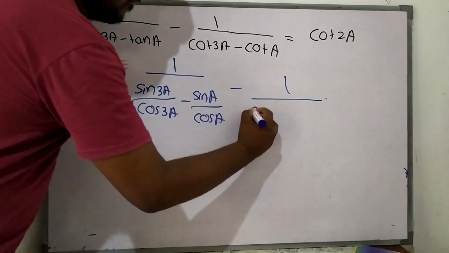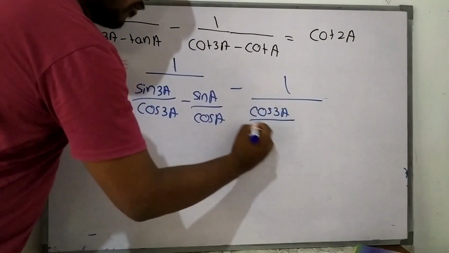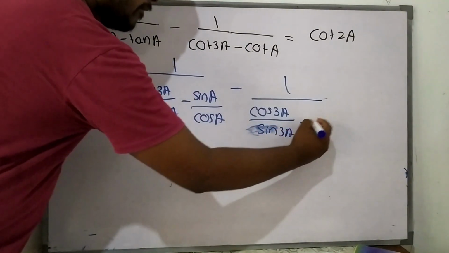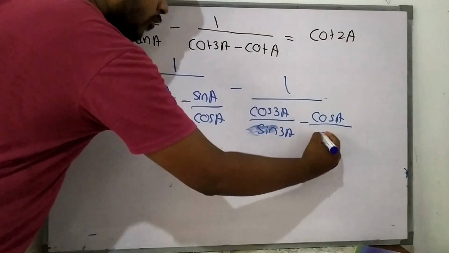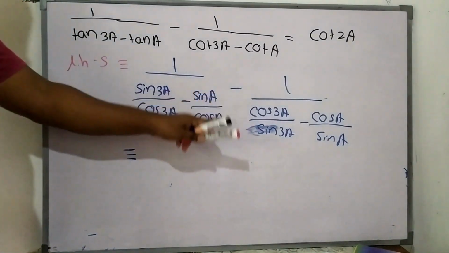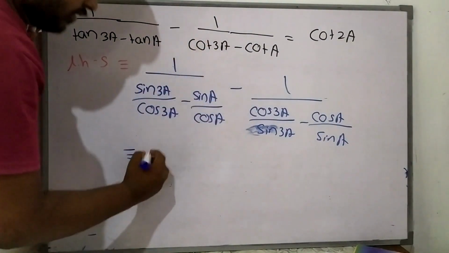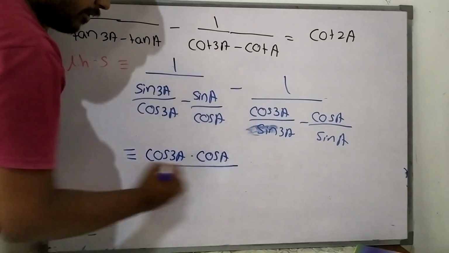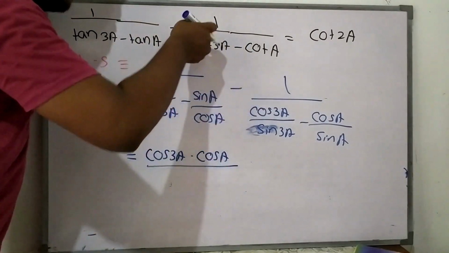This is cos 3A over sine 3A, cos A over sine A. Take a common denominator, then this one goes up.